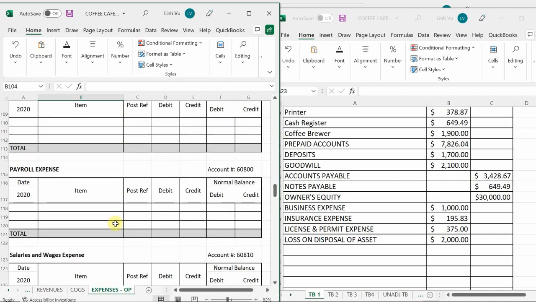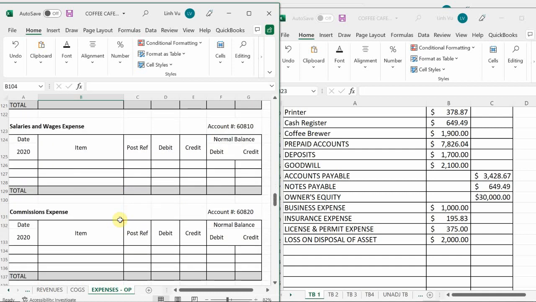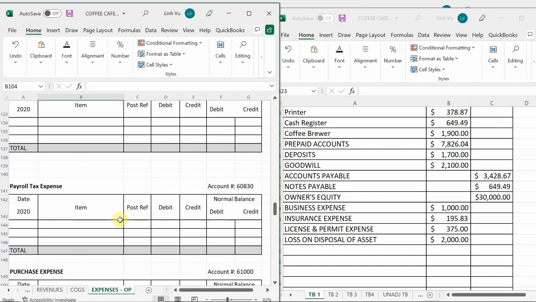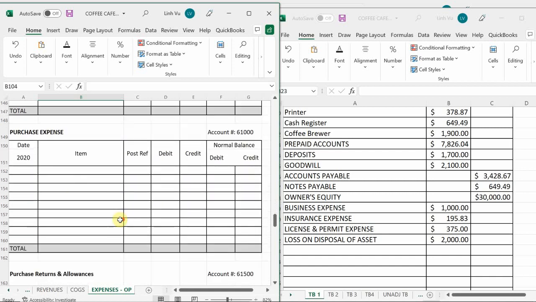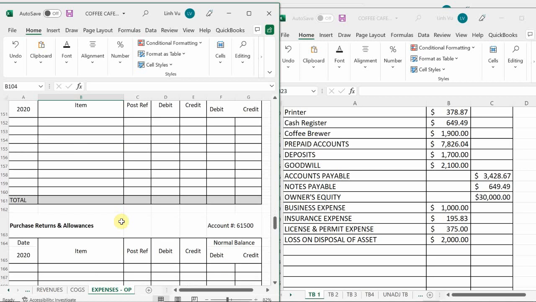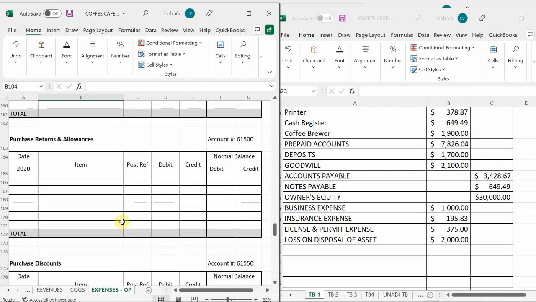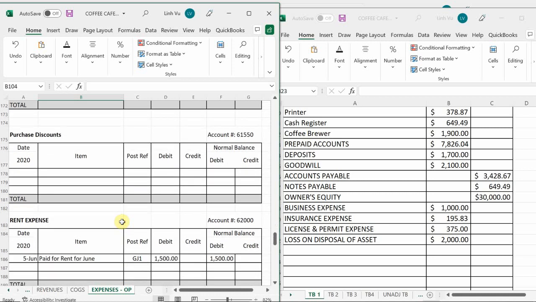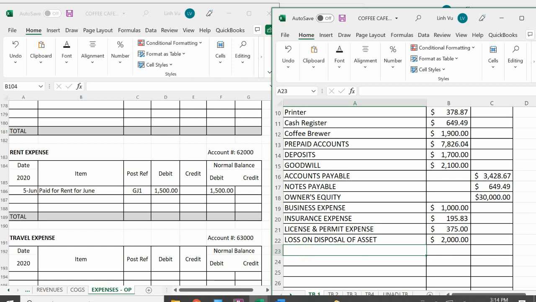Next one is going to be payroll expense. We haven't hired anybody, so no payroll, no salaries, wages, no commissions expense, or any payroll taxes. Purchase expense. I haven't bought inventory yet, so anything that has to do with purchase expense, like returns and allowances and discounts, none of those are there. However, what about rent expense?